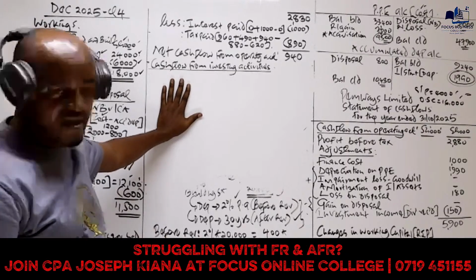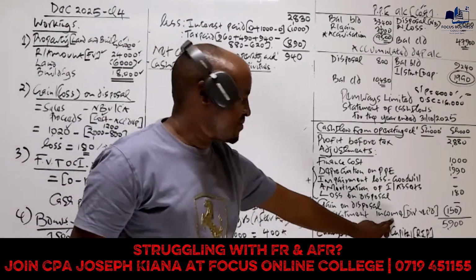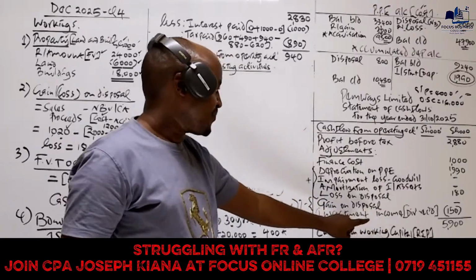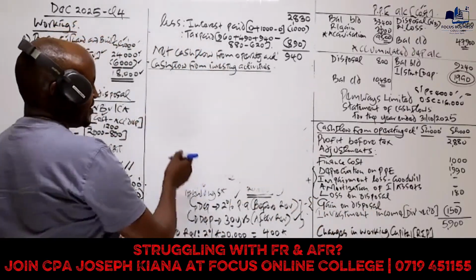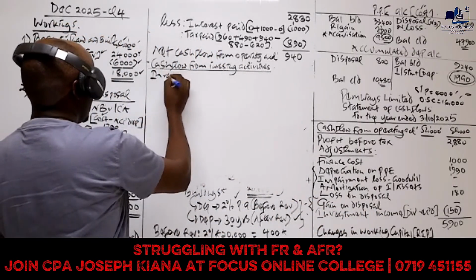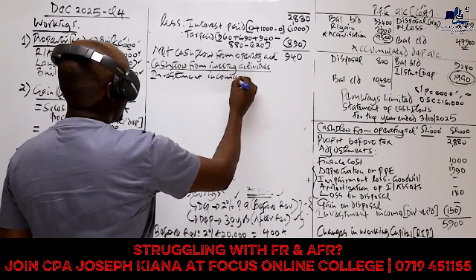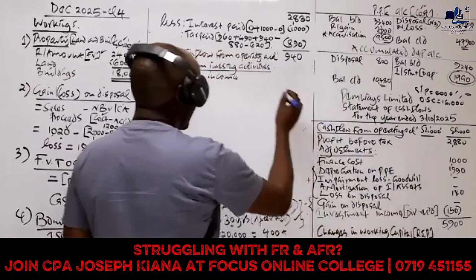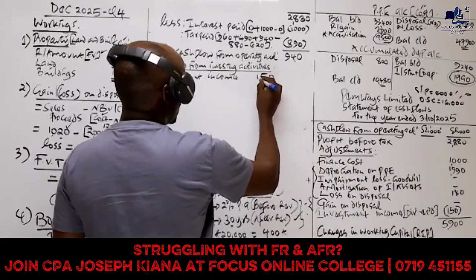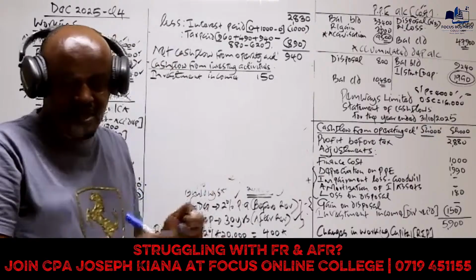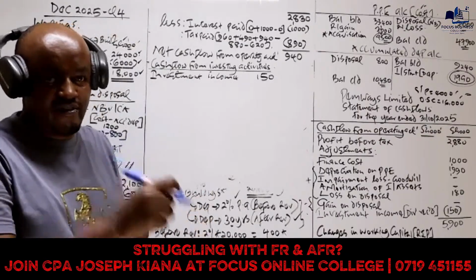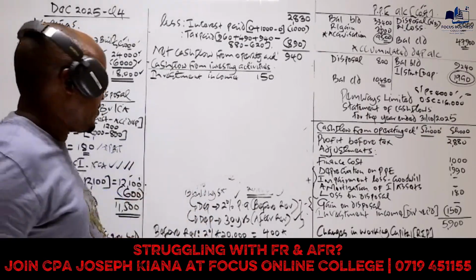I think we can start with the investment income in the income statement. This we said is an income generated from investing activities. So we have investment income, which is an amount of 150. And this one is considered as an inflow. Remember, this is money which was received by the company from investing. So these are cash received from investing.